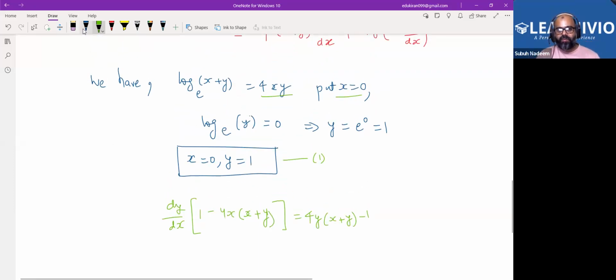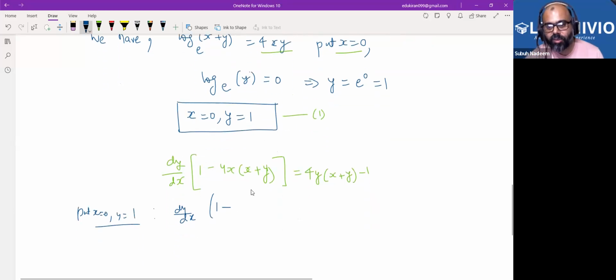Now here, when we want to find dy by dx at x equal to 0, so we put x as 0. And when x is 0, y is 1, we have got this above. So this will be x 0, y 1. So this will become 0.